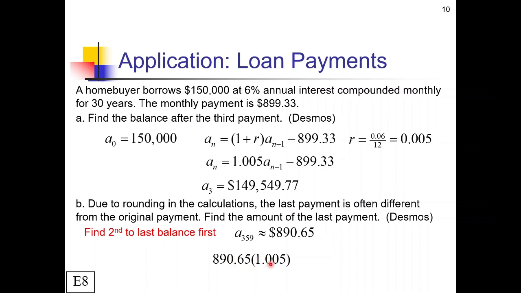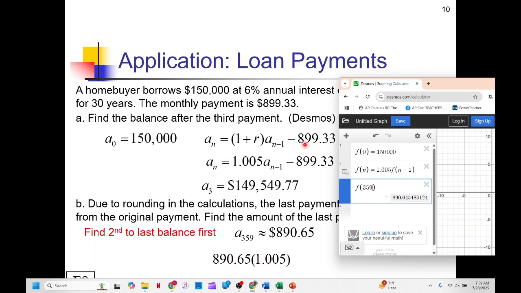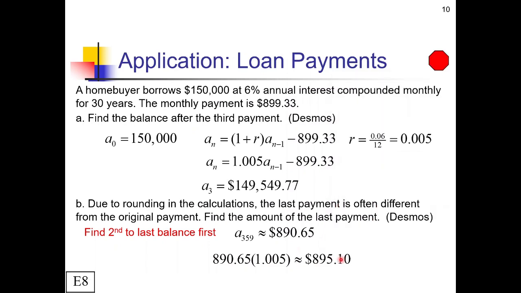So this is just going to be what we're paying for that final payout. So plugging this in the calculator, 890.65 times 1.005. So our final payment is actually going to be $895.10, which you might notice is a little bit less than your regular monthly payment. So I guess we paid a little bit in advance with all those small roundings that were going on there.